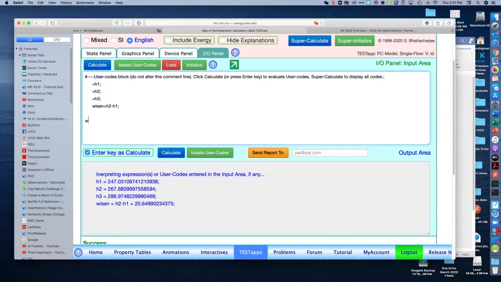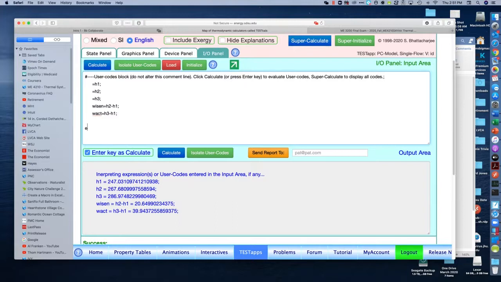And so if I wanted then to look at the actual work, I know that the actual work would be H3 minus H1, and I see that the actual work is 39.94. It takes more work for the fluid to be compressed because of irreversibilities. It's coming out at a higher temperature because of that.